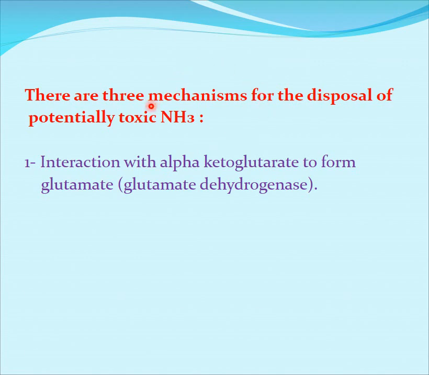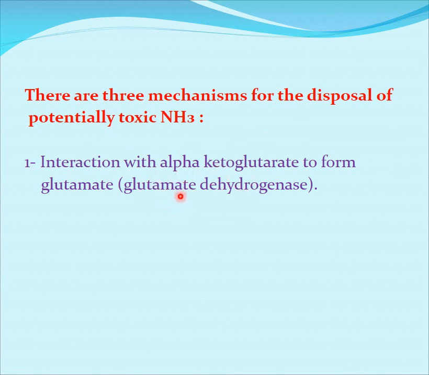So how can we dispose of this potentially harmful ammonia? The first way is interaction with alpha-ketoglutarate to form glutamate by glutamate dehydrogenase. We know that glutamate dehydrogenase can convert alpha-ketoglutarate into glutamate by combination with ammonia. Of course, this is not the ammonia produced by the same enzyme.